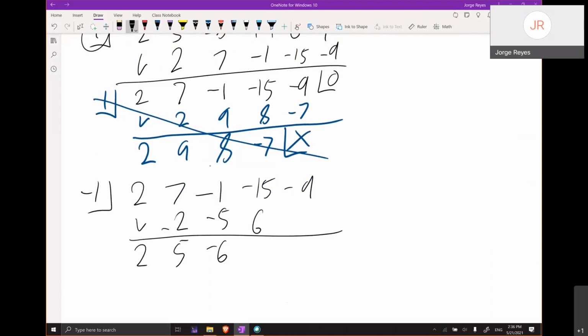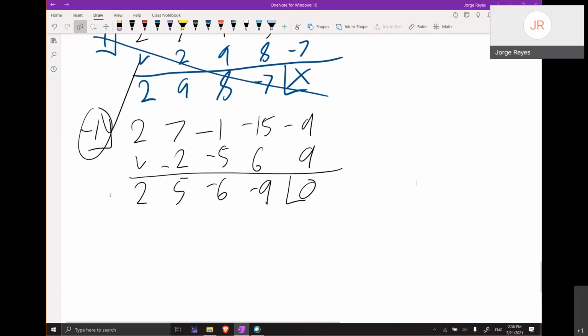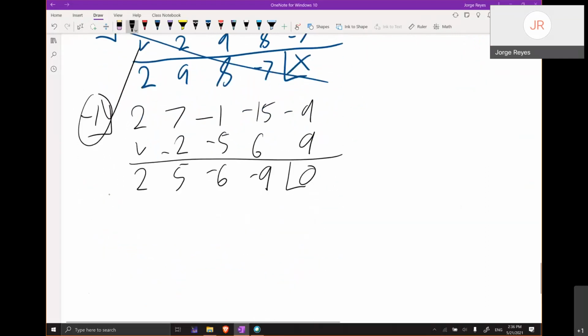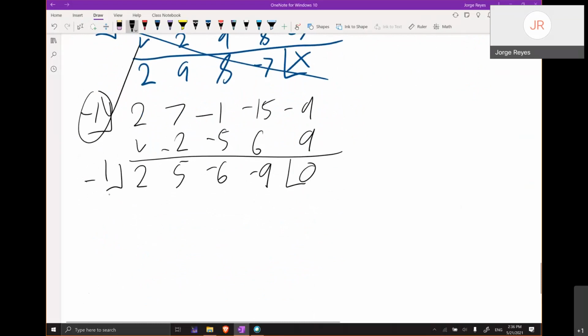That's going to be negative 9, which is 9, which is 0. So there we go, negative 1 is another 0. And right now I have a cubic, because I have degree 5 and I found 2 of them. So I need to find 1 more before I get the quadratic, and then I can just factor like normal.